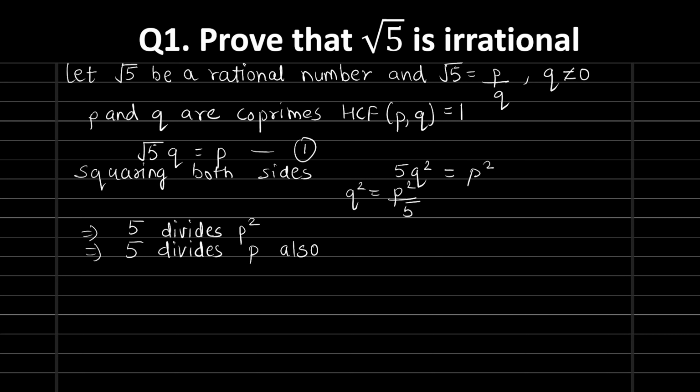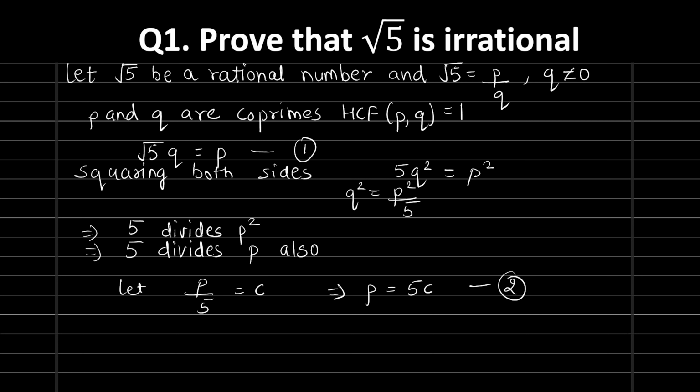Now if this happens, let's say p by 5 is some number c. On dividing p with 5, we are going to get some number, let's say that is c. So from this, on cross multiplying, p equals 5c.